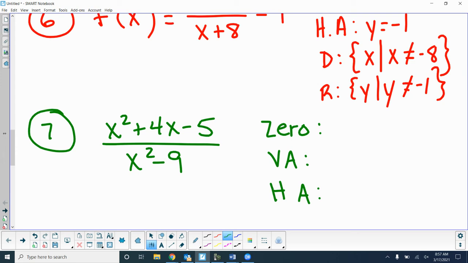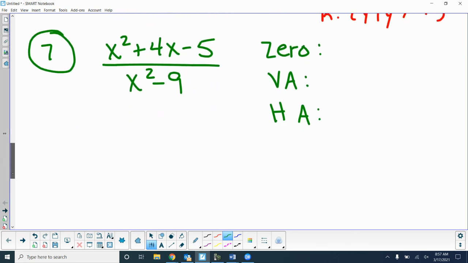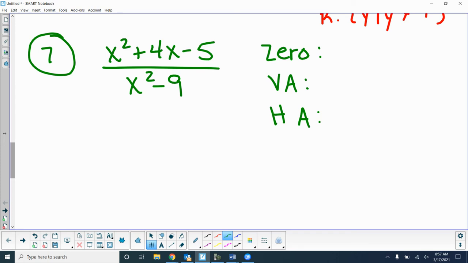Okay, so what we do to figure this out is we factor what we can factor. All right, so I can factor both top and bottom.